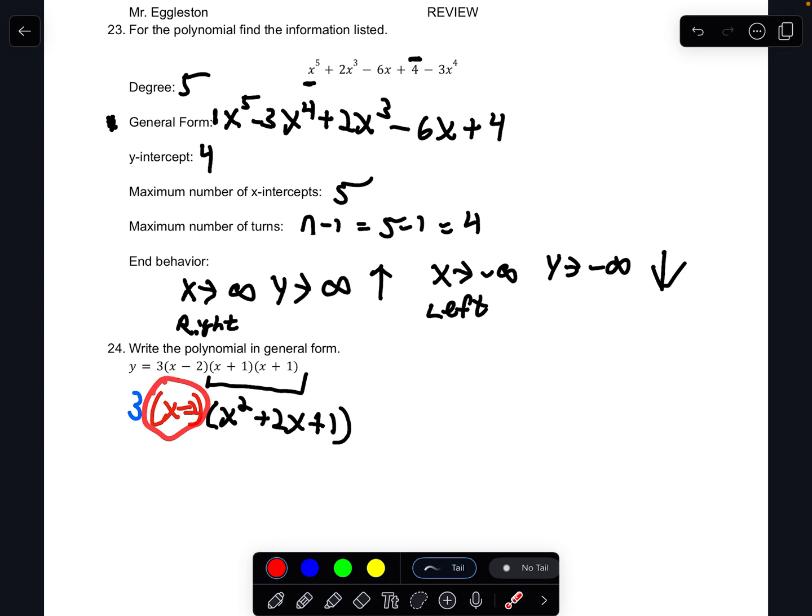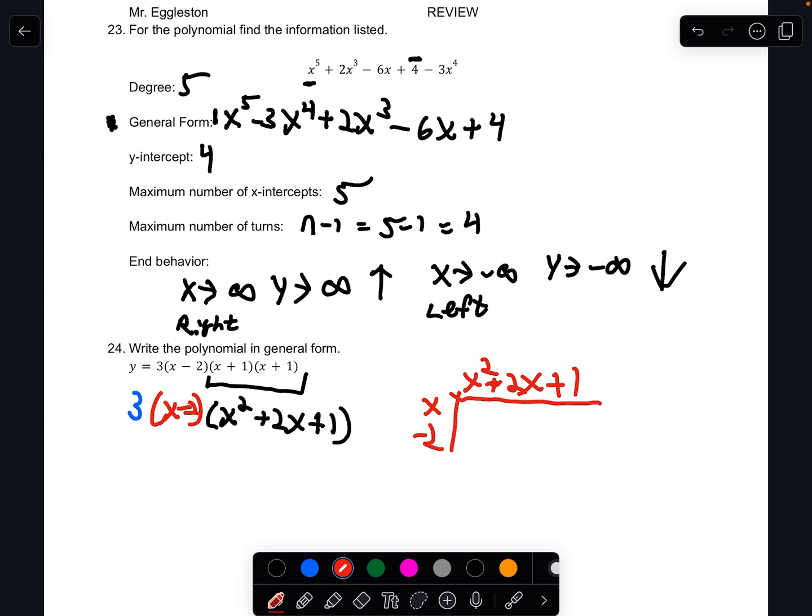this against that, and I would highly recommend make a box where you write x squared plus 2x plus 1 across the top, and you go x minus 2 down the sides. And you just multiply, you fill in the box, remember? You multiply the thing.